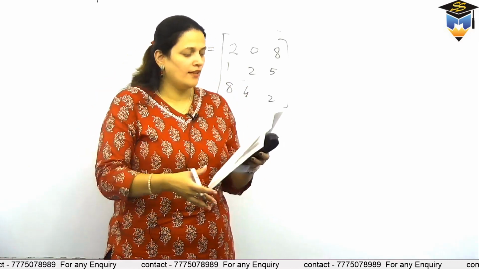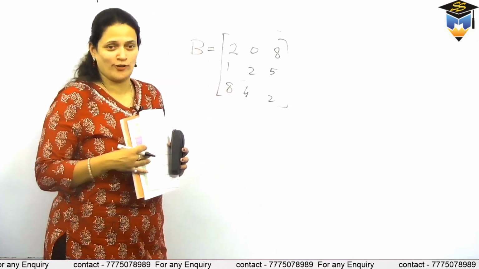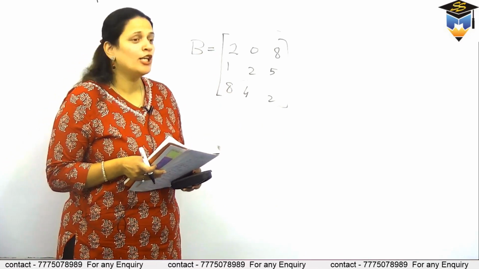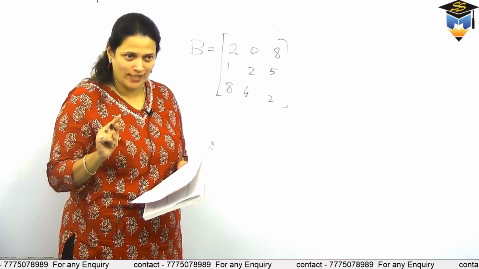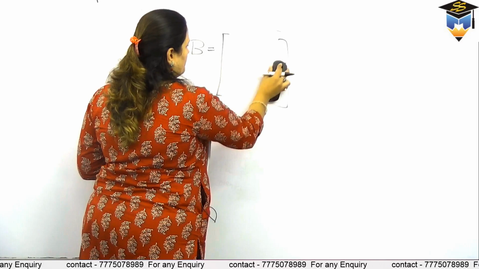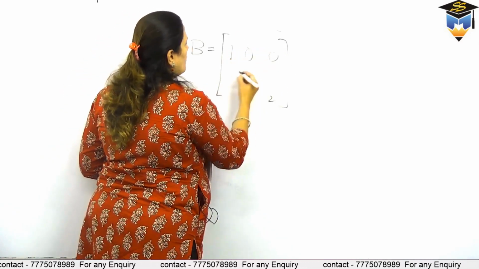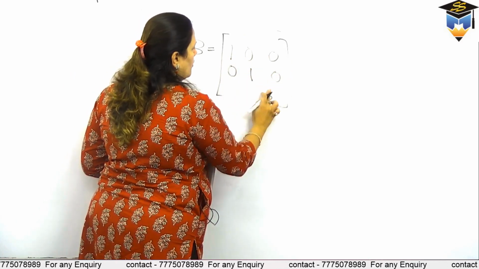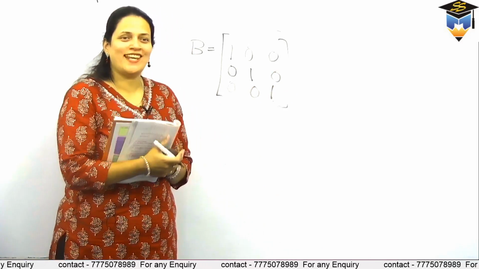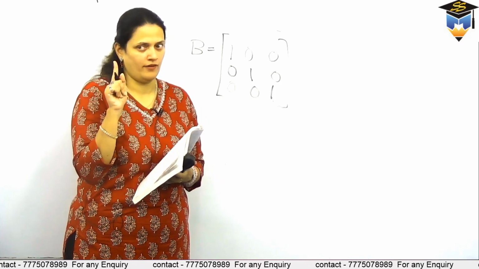Now, there is a next matrix called an identity or unit matrix. Does anybody know the meaning of a unit matrix? A unit matrix is a matrix in which the elements are in this form. Let's say 1, 0, 0, 0, 1, 0, 0, 0, 1. All of us know that when we say unit, it is 1, right?